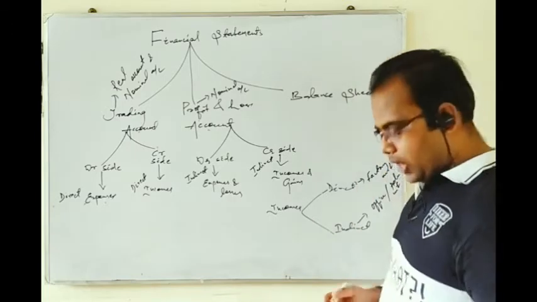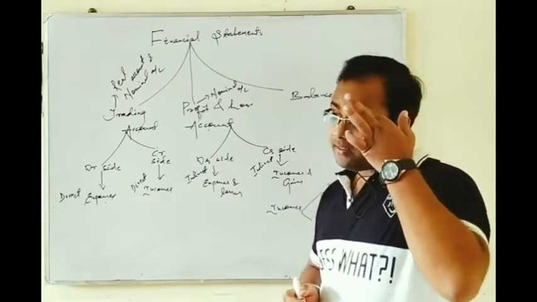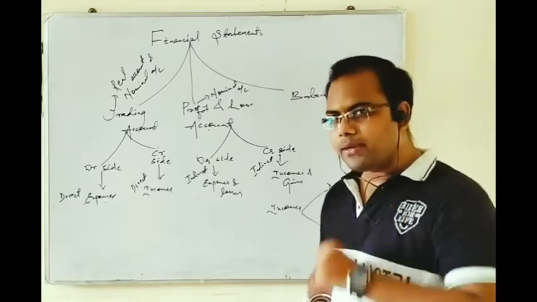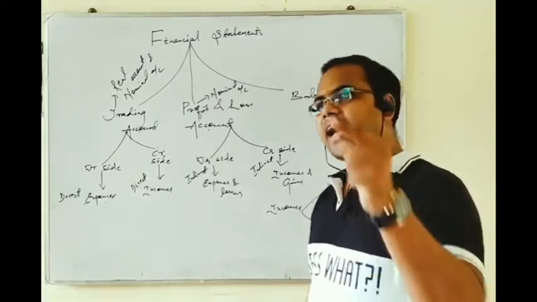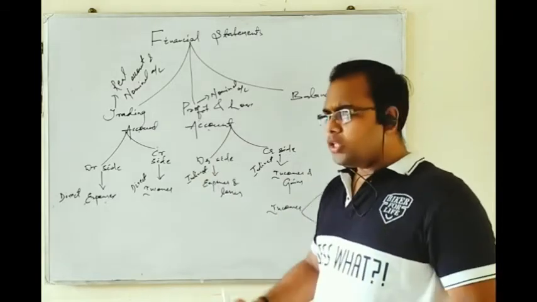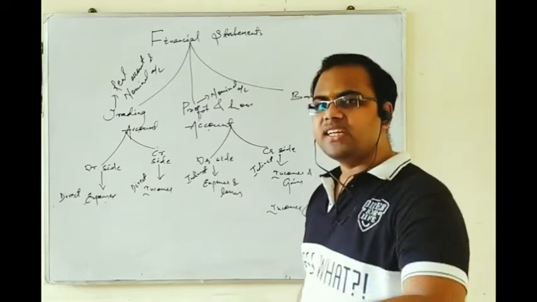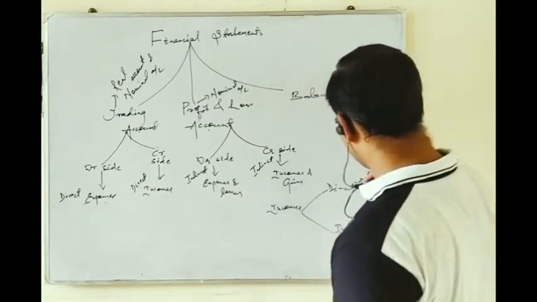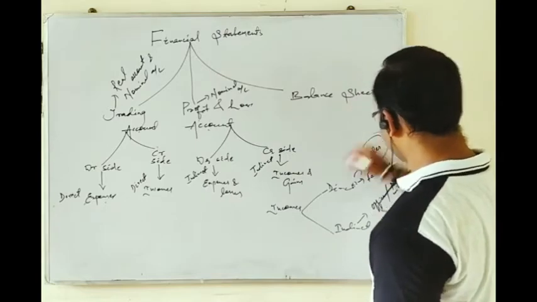Now how can we classify direct income and indirect income? That is again very easy. You know why? Because there is only one direct income existing in the business enterprise. You know there are a lot of incomes, but there is only one direct income existing in the business enterprise. That is only business sales.